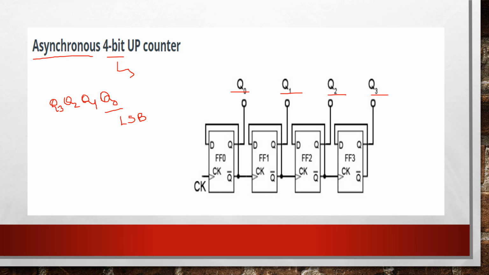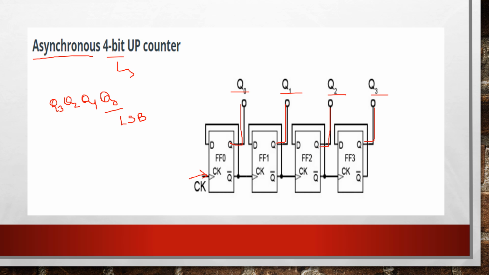These outputs are taken from the Q outputs of each flip-flop. Actually, the flip-flop is a device which can store 1 bit. You can also see the clock pulses.